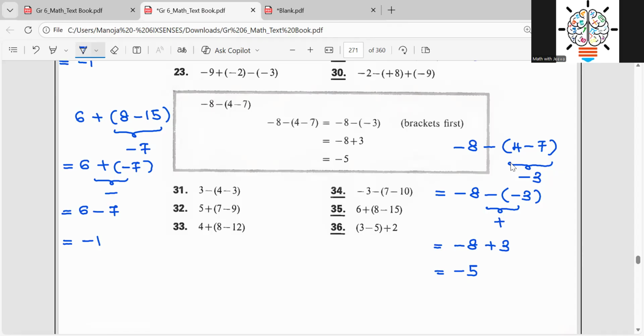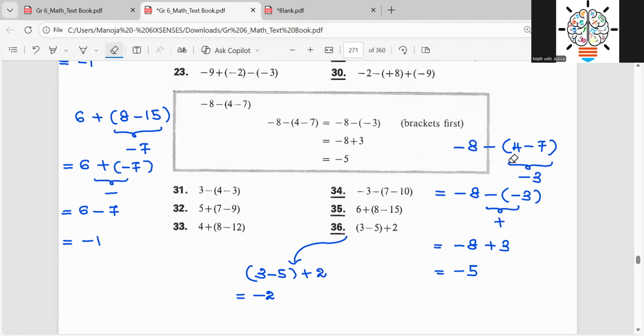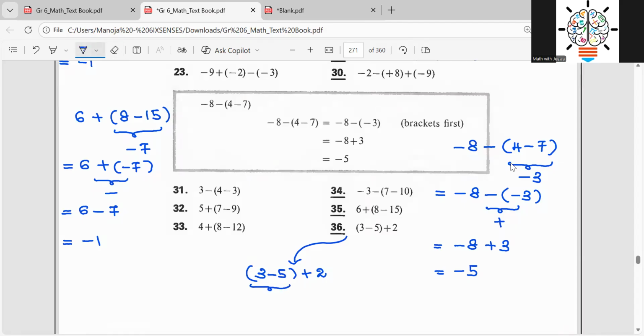Then I'm moving to question number 36. Look at this. I have 3 minus 5 inside the bracket and plus 2, right? Then minus 2 here. Sorry, before coming to this, it's better to solve it first. Yeah, then the 3 minus 5, the answer is minus 2. Then I rewrite this, minus 2 plus 2.